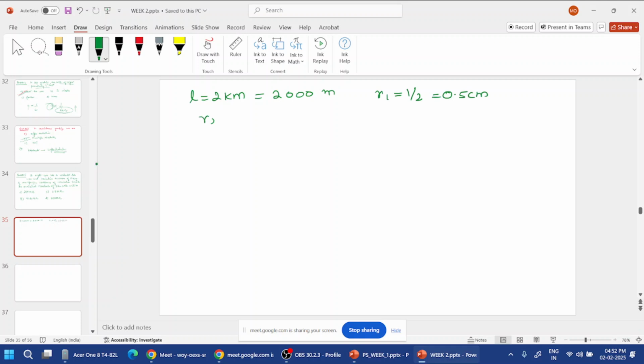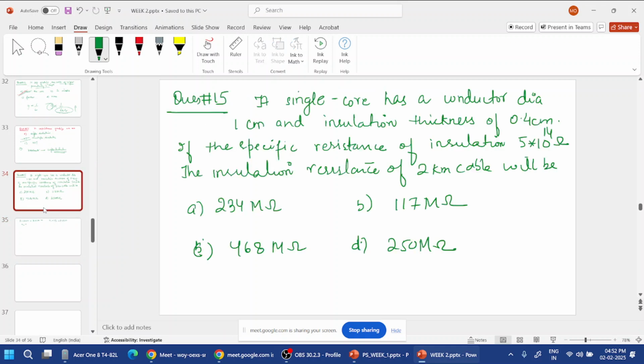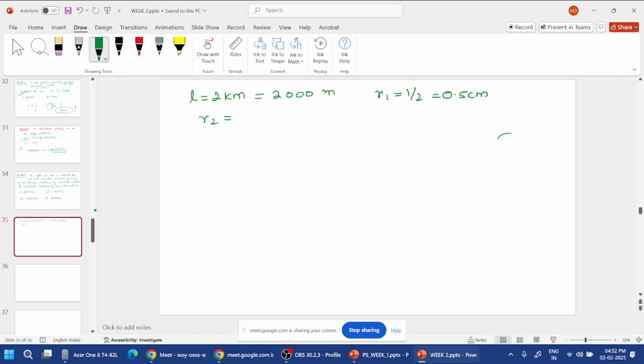And R2: the single core has a diameter of 1 centimeter and insulation thickness of 0.4. So R2 will be R1 plus thickness, 0.5 plus 0.4, which comes out to be 0.9 centimeter.